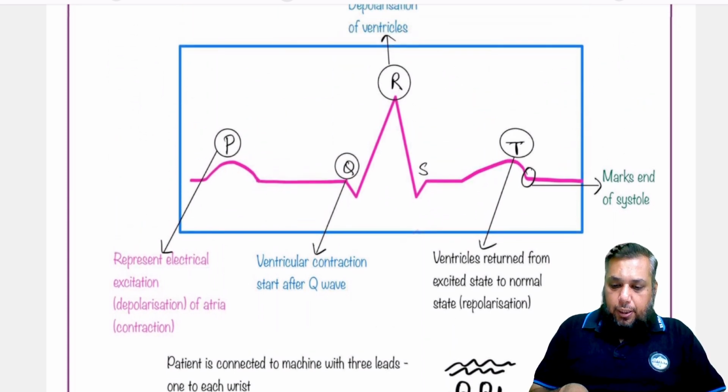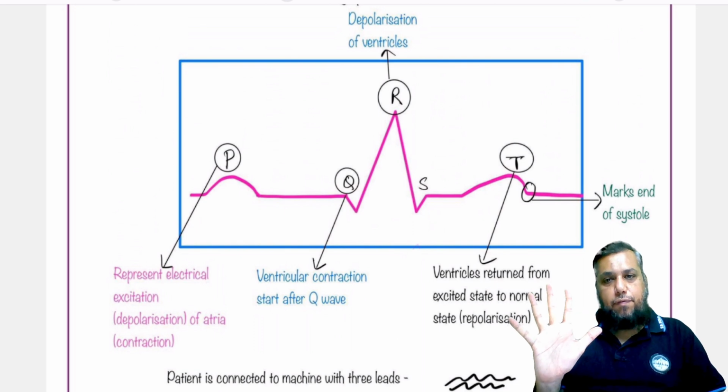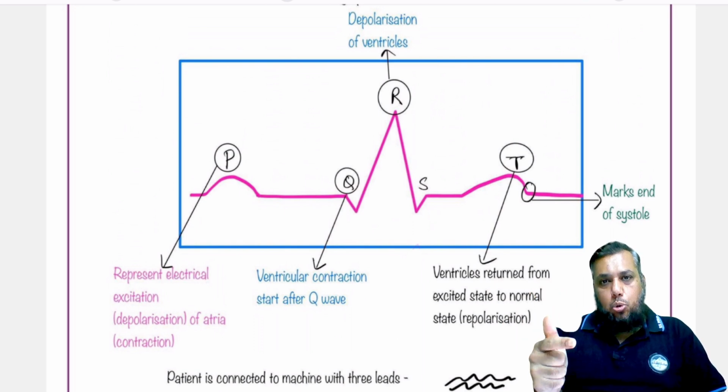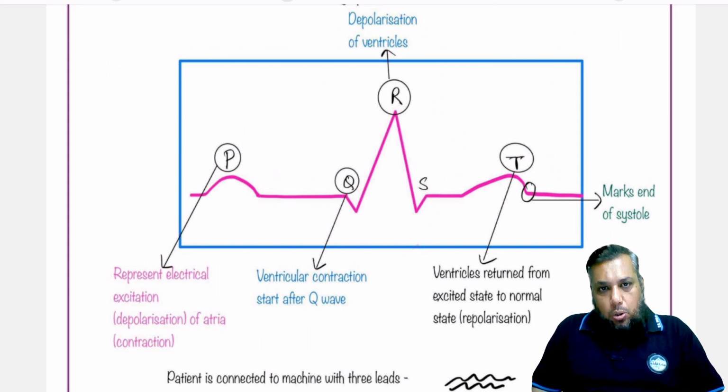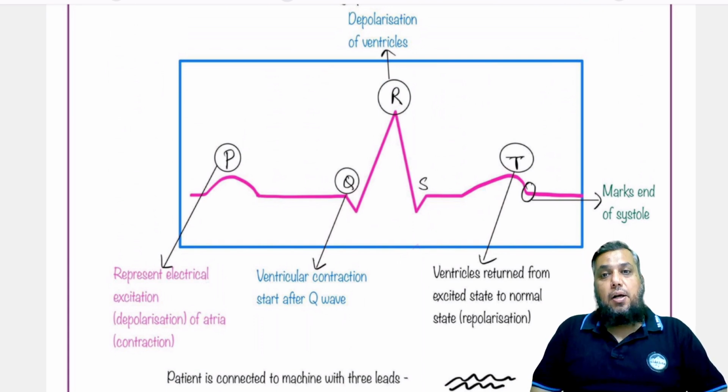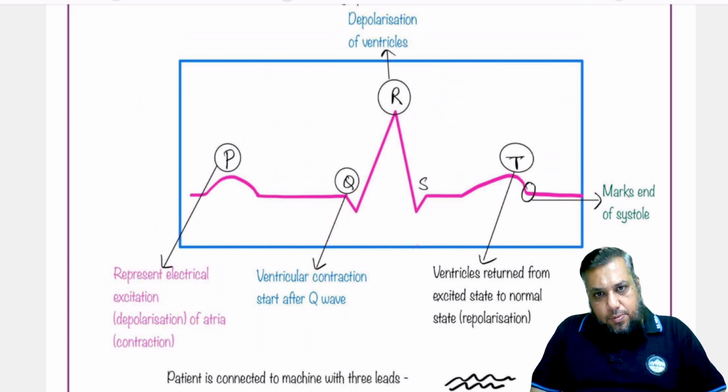And a typical electrocardiogram will show the presence of five waves P, Q, R, S, and T, where the P wave represents the depolarization of the atria by the SA node. The QRS complex is the depolarization of the ventricles, and the T wave is a repolarization of the ventricles.